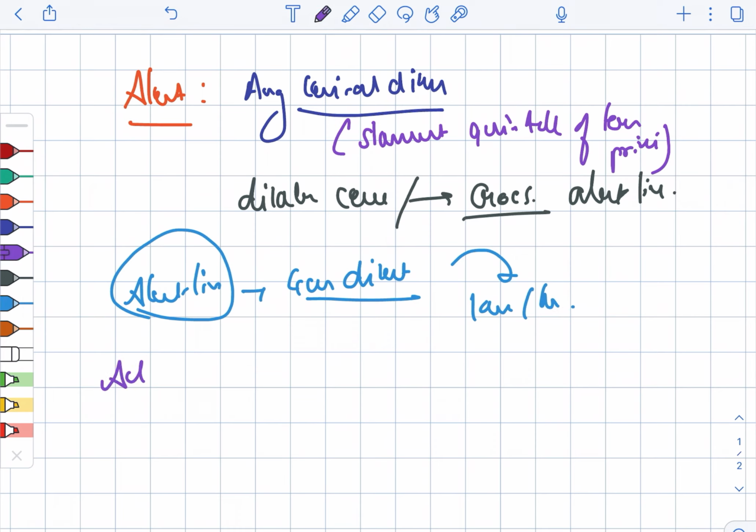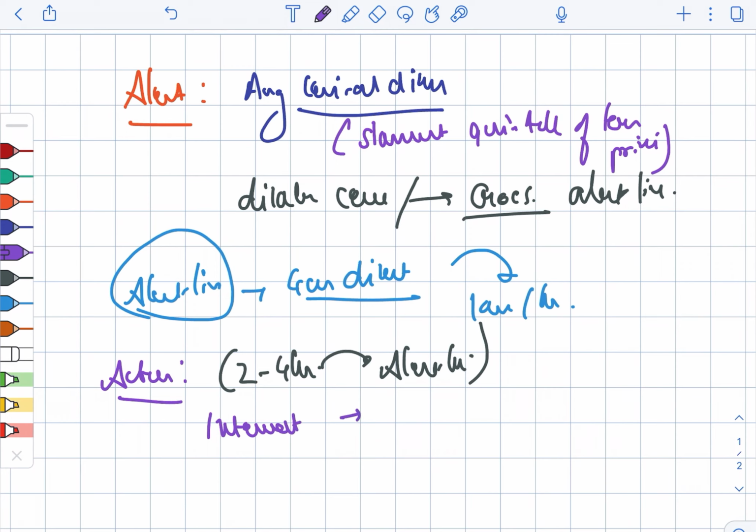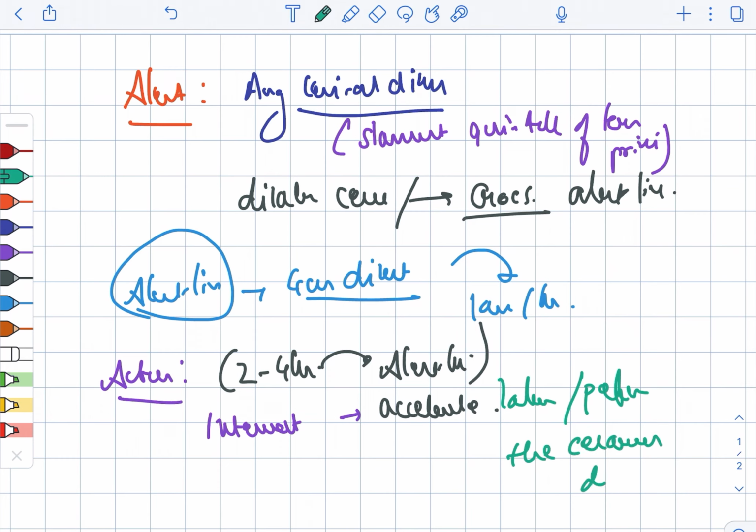Now what is the action line? The action line is 2 to 4 hours after the alert line, and it prompts interventions to accelerate the labor as well as performing cesarean delivery.